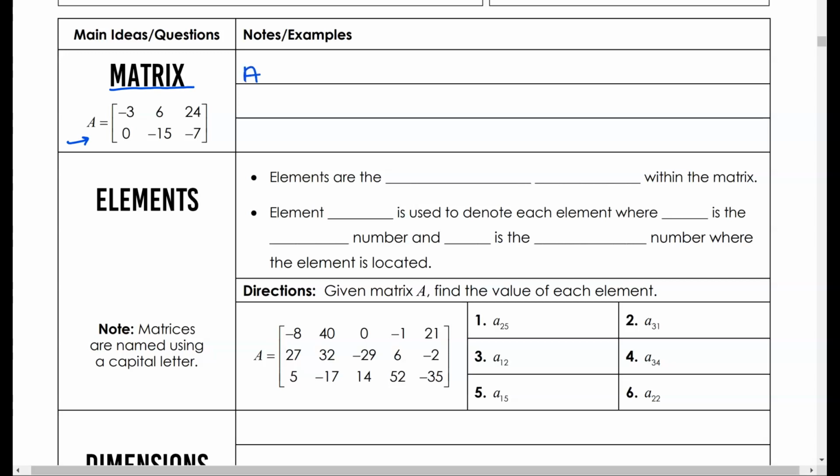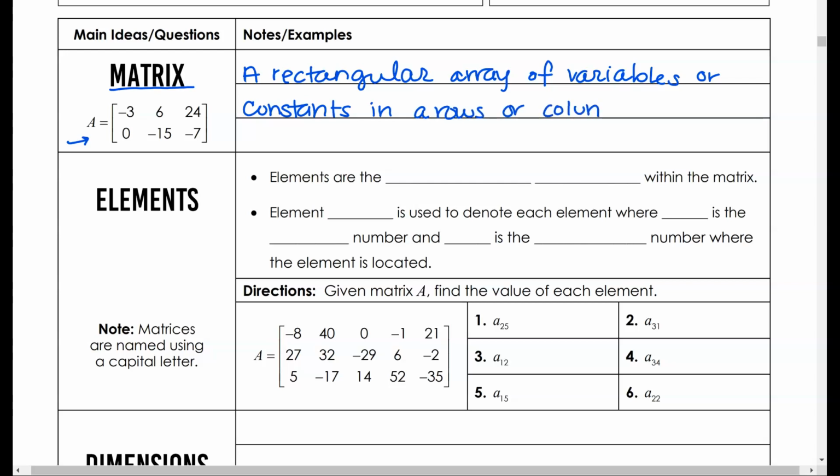Okay, so it is a rectangular array of variables or constants in rows or columns, usually enclosed in brackets, just like we have here.